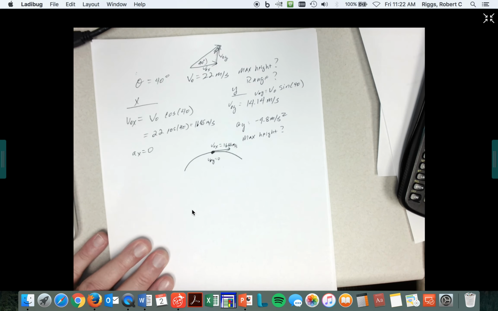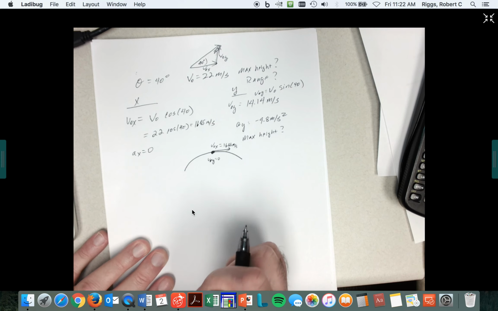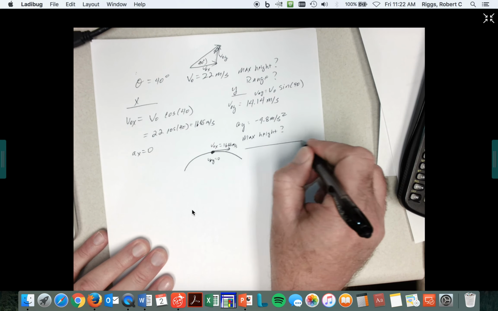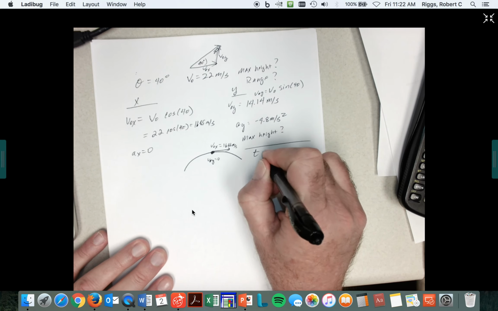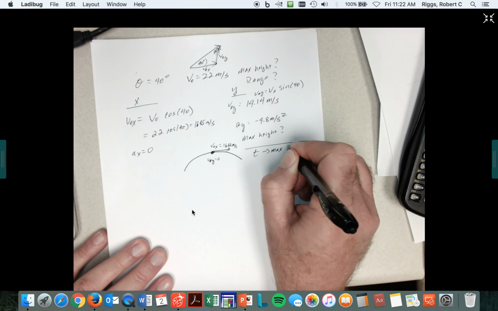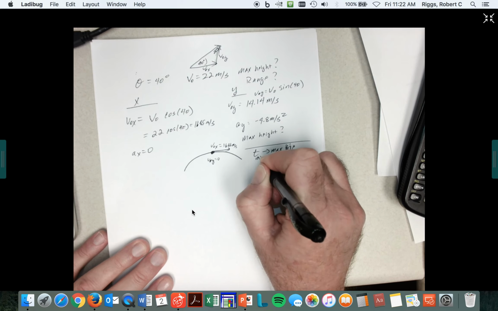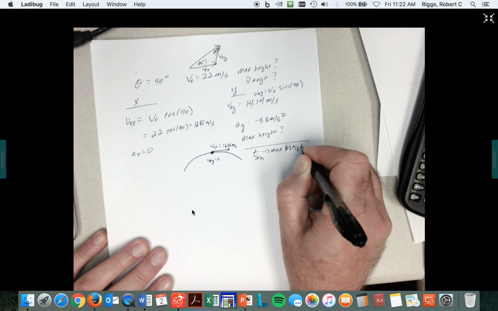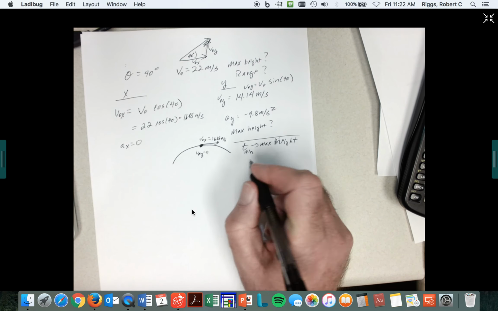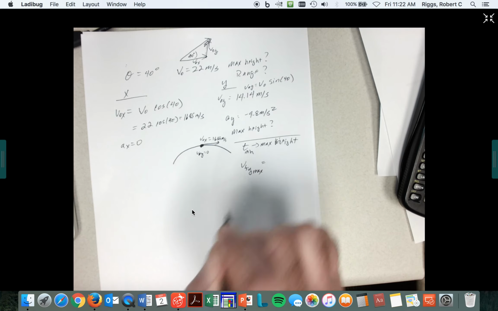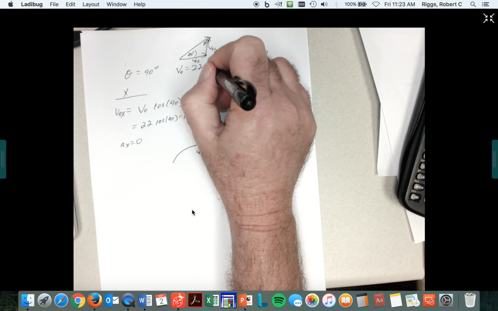Aha! So we have an initial velocity and a final velocity. We can find the time. Time to max height. That's not the total flight time, but time to max height. We'll just call this time to the maximum height, so we don't get confused with the final velocity at the end.